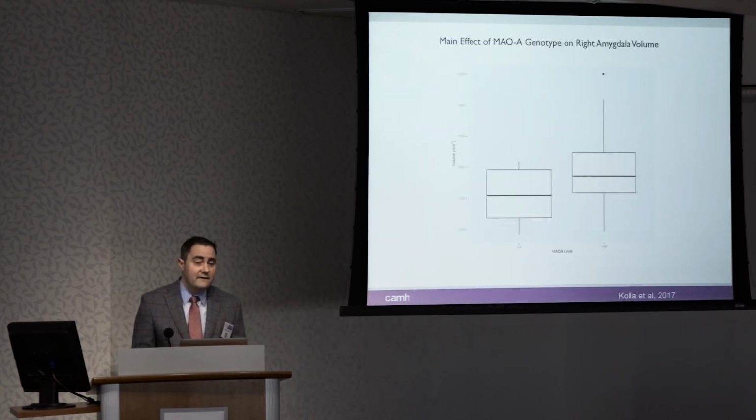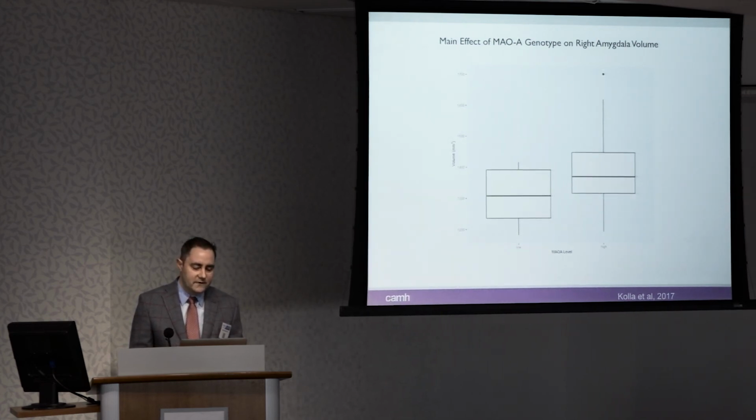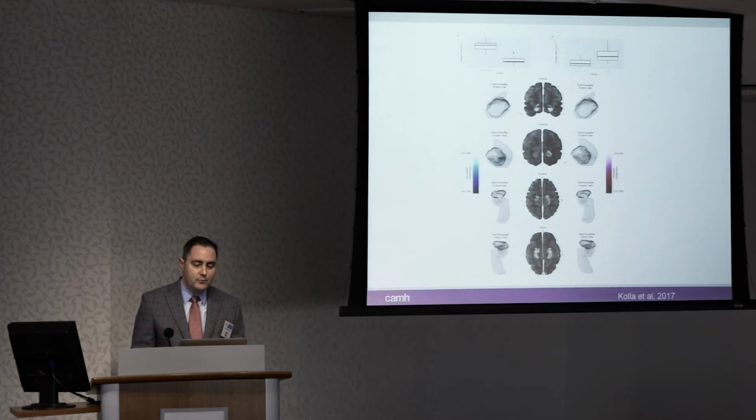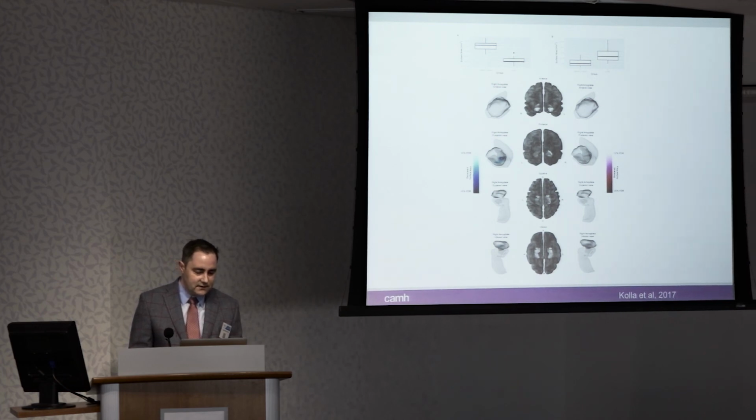So what we found was a main effect of genotype. So those with the high activity allele had larger amygdala volumes than the low activity allele. And we also found a group by genotype interaction present in the right amygdala, such that the ASPD group with the low activity allele had reduced surface area in the right basolateral nucleus and increased area in the right anterior cortical amygdaloid nucleus.